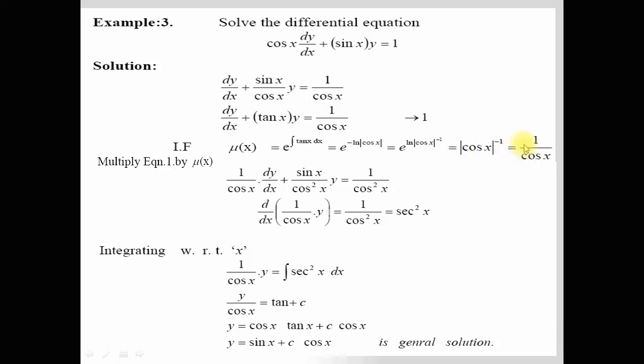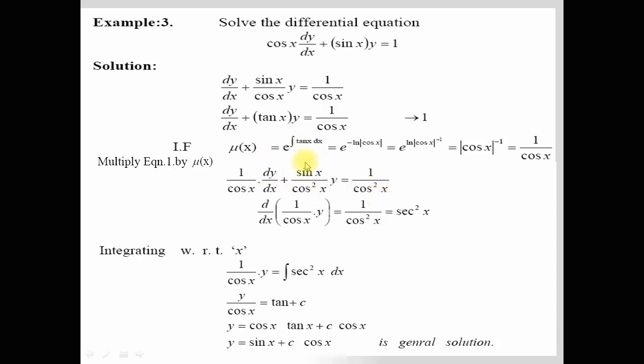Now multiplying this integrating factor to equation number 1, we get (1/cos x) dy/dx + (sin x/cos² x) y = 1/cos² x.